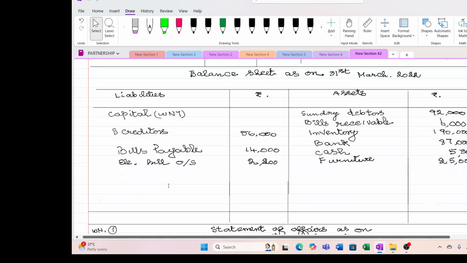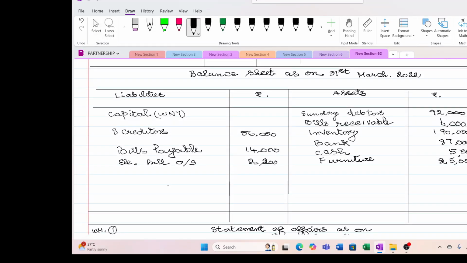Balance sheet, provision for damage, 1,55,000 and 17,000. Okay, I'm making this for both.